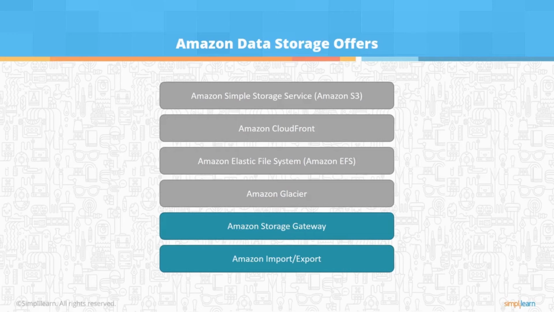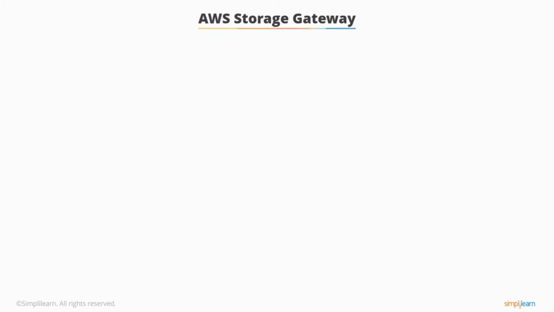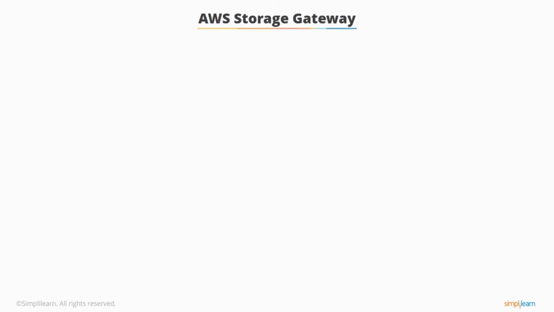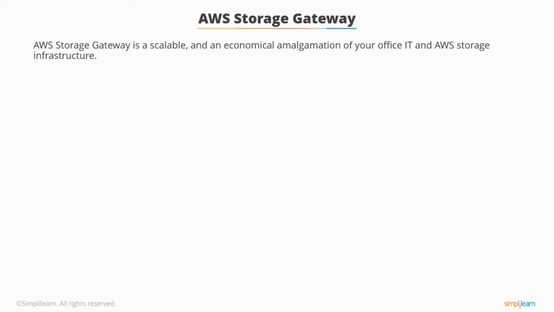In this topic, we will learn about AWS Storage Gateway. The AWS Storage Gateway service provides an uninterrupted and secure connection between the AWS Cloud Storage and your organization's on-premises data storage devices or data centers. In other words, AWS Storage Gateway is a scalable and an economical amalgamation of your Office IT and AWS storage infrastructure.